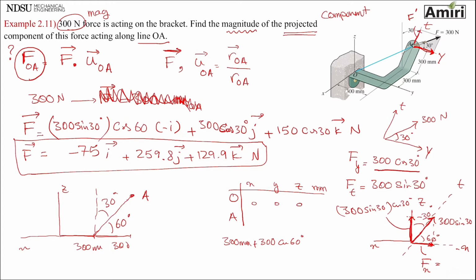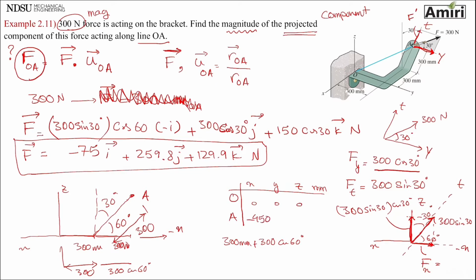So this length, this one is 300. So this length is 300 plus 300 cosine 60. And it's pointing to minus x. So there's a lot that you need to keep track of. That would be 450 millimeters.